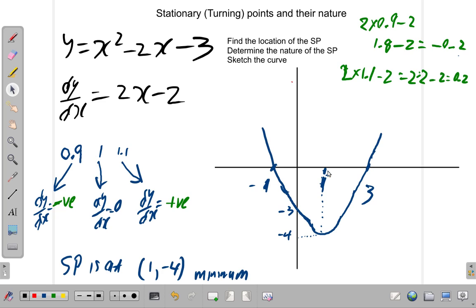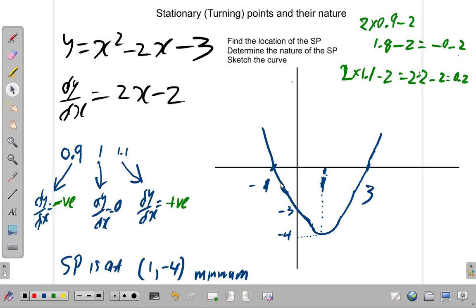We chose a point to the left of 1 and to the right of 1. Of course, when we put 1 in the gradient function, we got 0, because the gradient at the stationary point is 0. Then we put 0.9, the value to the left of 1, and 2 times 0.9 minus 2 gave us negative 0.2.